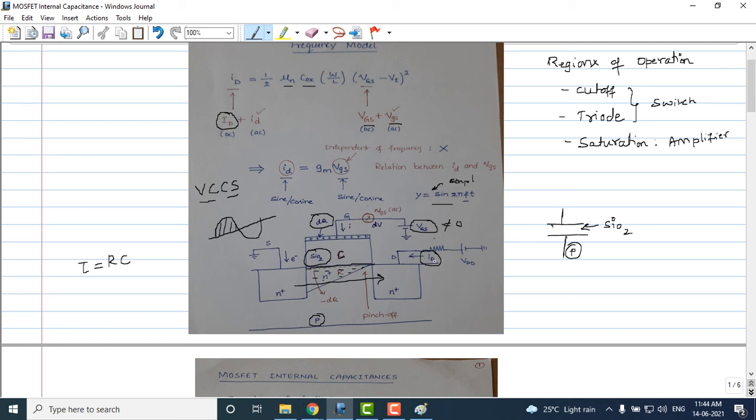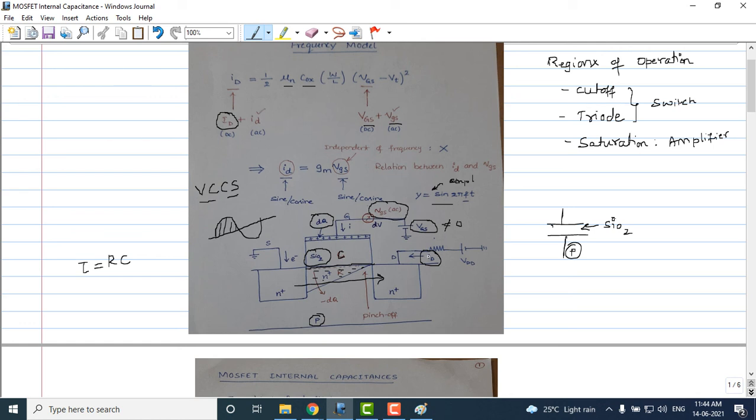This is nothing but ID, and we already showed the equation where ID depends on VGS, gm times VGS. That means the MOSFET is controlled by the transconductance gm: the drain current depends on the transconductance and the gate to source input voltage that we apply.